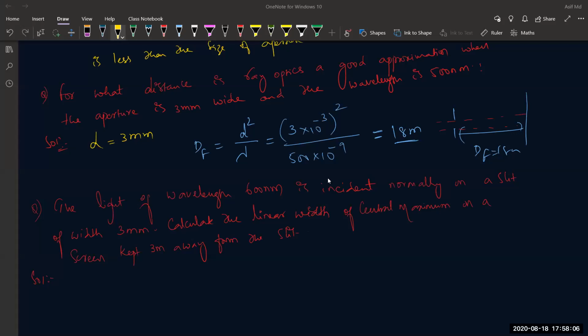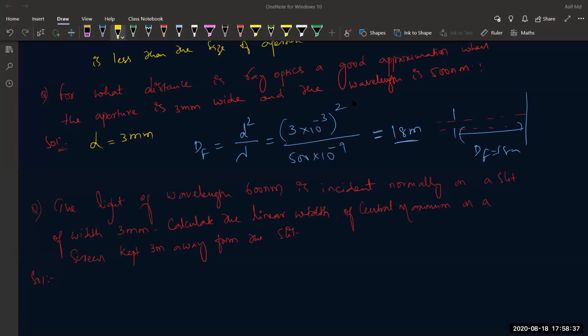Give the answer in the chat box. Linear width of central maxima in the diffraction pattern. One student is giving me the answer 600 micrometers. No. 1.2 mm. Very good. Someone has given. Shravyasri. Very good.